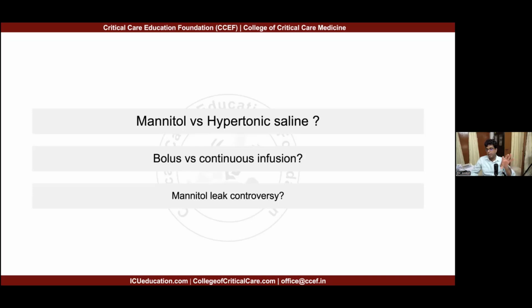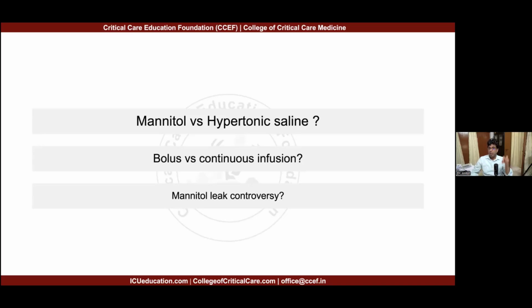So in that respect mannitol is safe, but the problem with mannitol is that it can cause hypotension because it's an osmotic diuretic. Secondly, it causes renal failure. So if the patient is in hypotension or renally compromised, then you should use hypertonic saline. Should you give a bolus or continuous infusion?